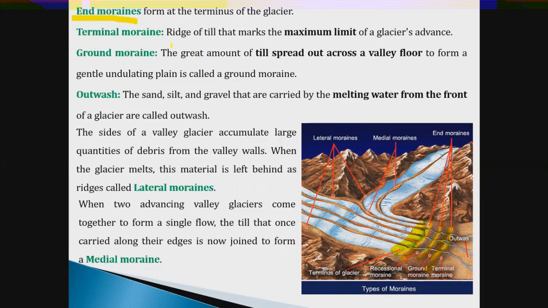Now, terminal moraine is the ridge of till that marks the maximum limit of a glacier advance, beyond which there will be no flow of glaciers.